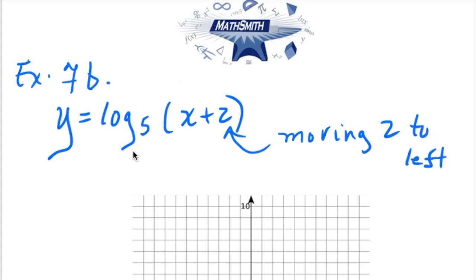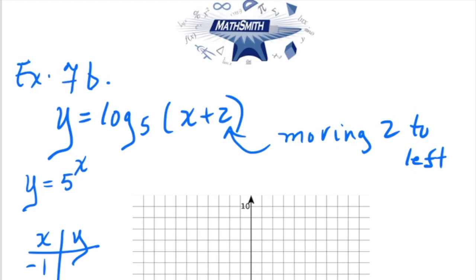Okay, so they say plot several convenient points. I really think it's easier to look at the exponential and then swap them. So let's get a few points from the exponential, and then we'll swap them and graph the logarithm. So if we said -1, 0, 1.